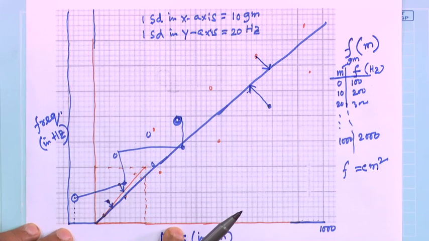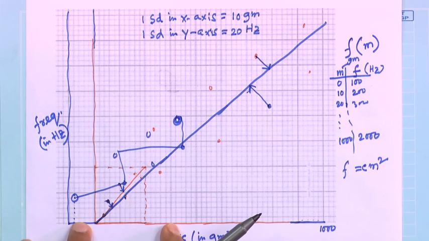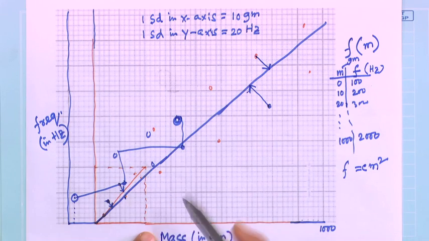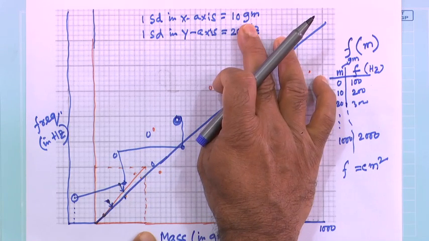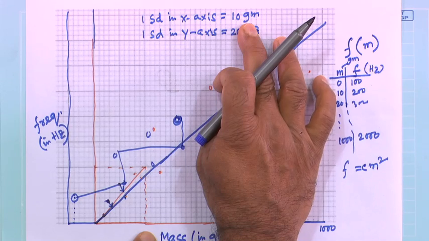Bigger boxes 1, 2, 3, 4, this means 4 into 5, 20 smallest boxes, and then I think it is 1, and then 21, 22, it is 21.5. So, this 21.5 into 10 gram.